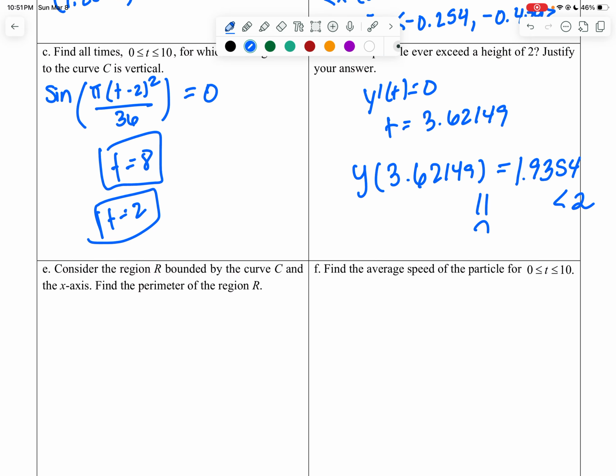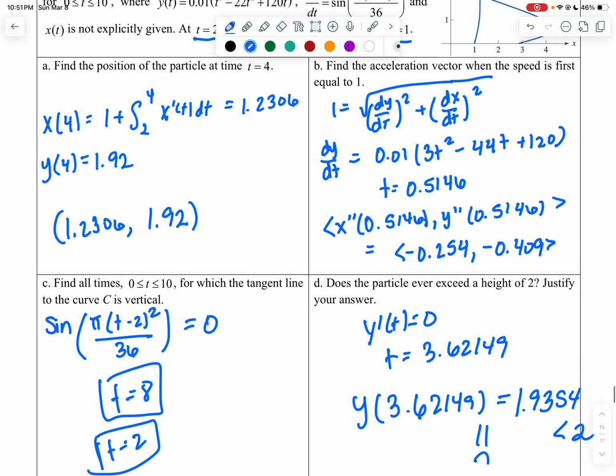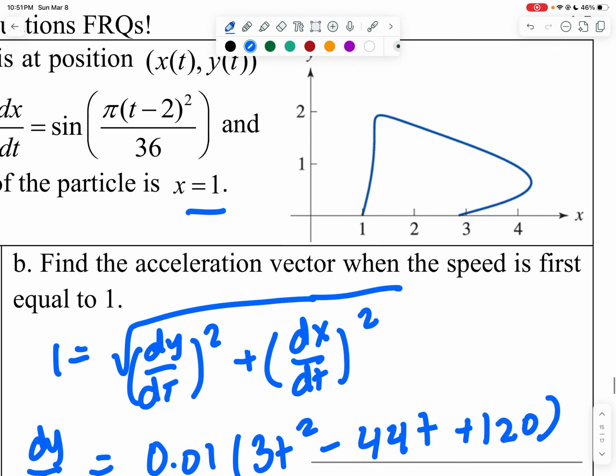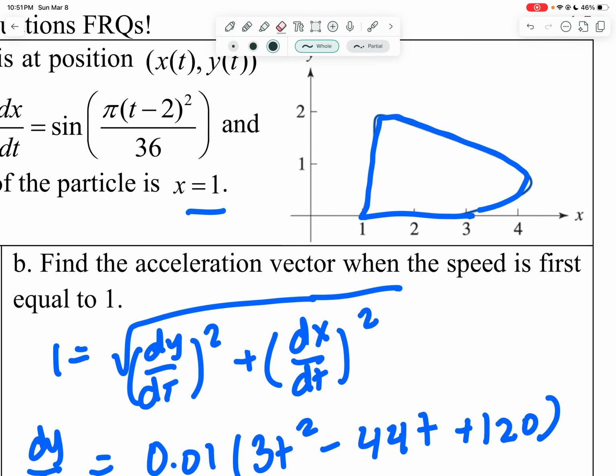For part E, it says, consider the region R bounded by the curve C, find the perimeter of the region R. Now, if you look at this, region R is this lovely thing, and then we gotta add that little height right here, or length right there.